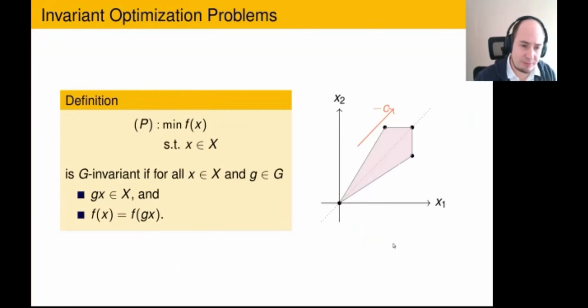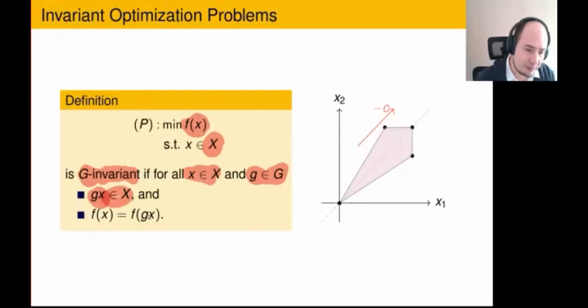When you're facing an optimization problem, and I write it here in a very general form, let's say you're minimizing some function f subject to some specific feasibility region, we say that this problem is G-invariant for some group of isometries G if you take any feasible point and any group element, and apply this linear function to the point, you get another feasible point.